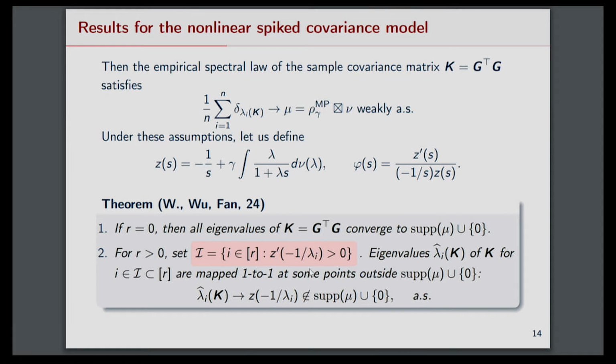In the second case, the spike case, if r is not 0, then as long as this derivative is positive, you will see this spike. So if z prime of lambda i is positive, then this lambda i, the spike in the population covariance, will generate a spike in this sample covariance matrix K. And we can quantify the location of this spike eigenvalue.